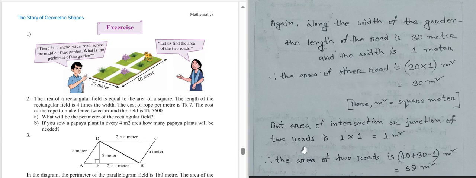So when we add the area of two roads, the junction area will be added two times, and because of this we have to subtract the junction area one time. So the area of two roads is 40 plus 30 minus 1, and this minus 1 is 1 square meter, which was the intersected or junction point of two roads.